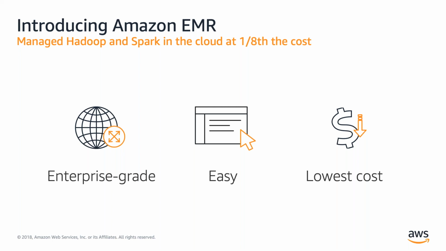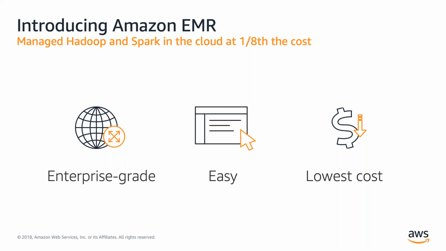EMR has 19 open source projects that are tested and integrated into a single solution designed to work together. Each project is updated in EMR within 30 days of a version release, ensuring you have the latest and greatest from the community without having to spend time to test, certify, and maintain new components.